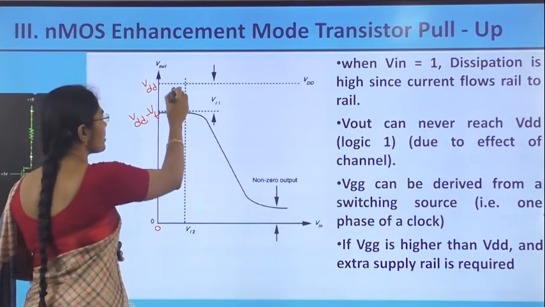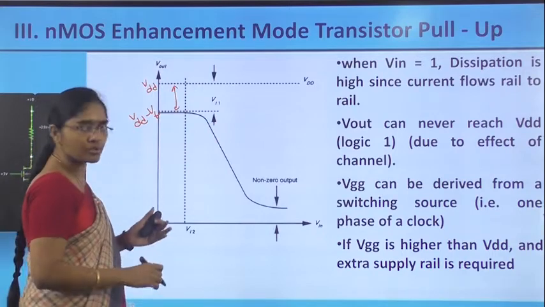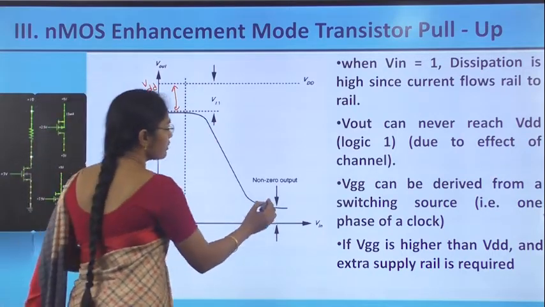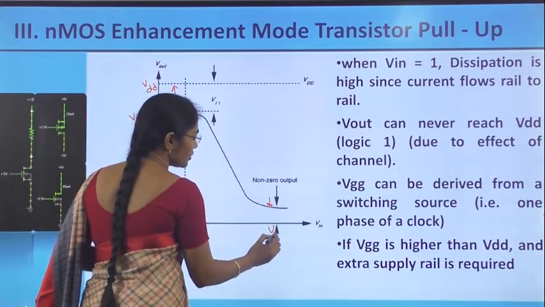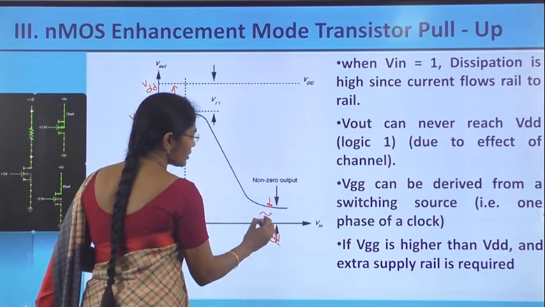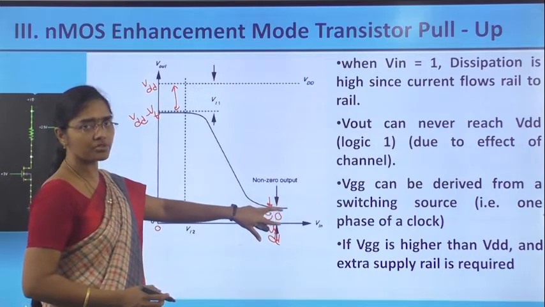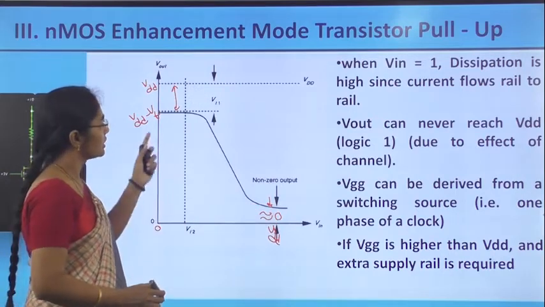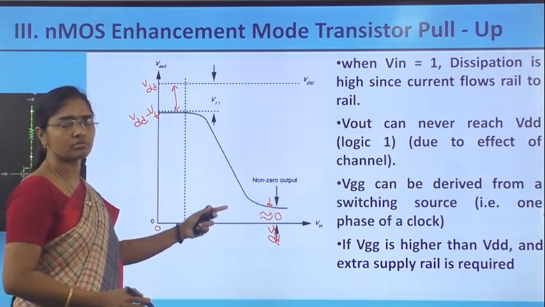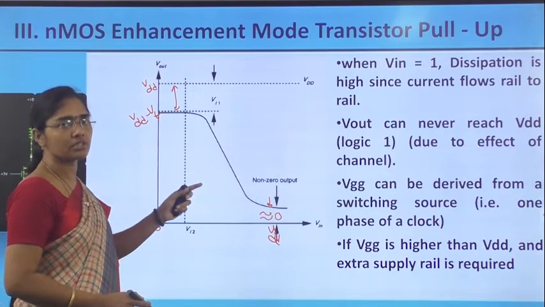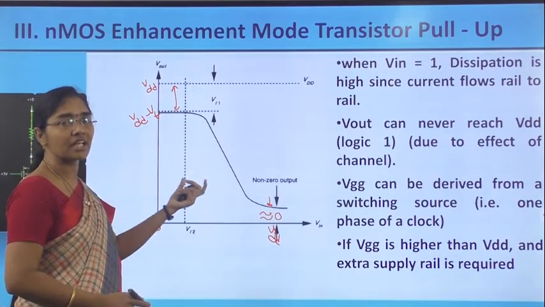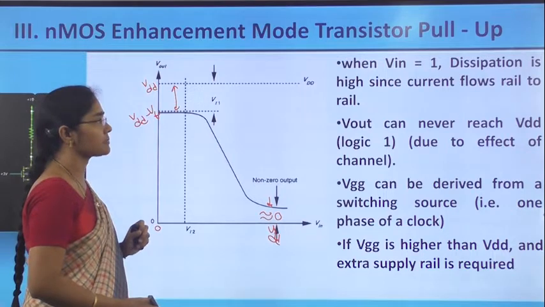So this is a drop at the output. Similarly, for input equal to VDD, the output is approximately 0 but not exactly 0. It produces a non-zero output. This is the characteristic of the NMOS inverter with a pull-up of enhancement NMOS transistor.